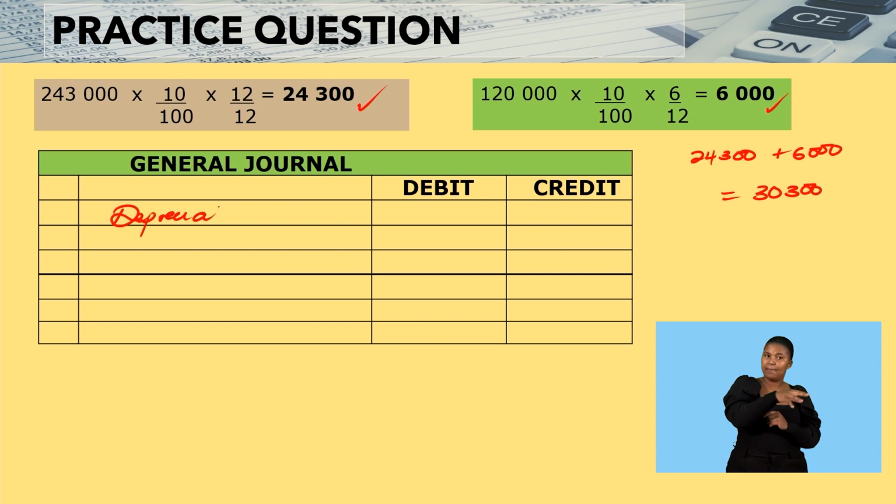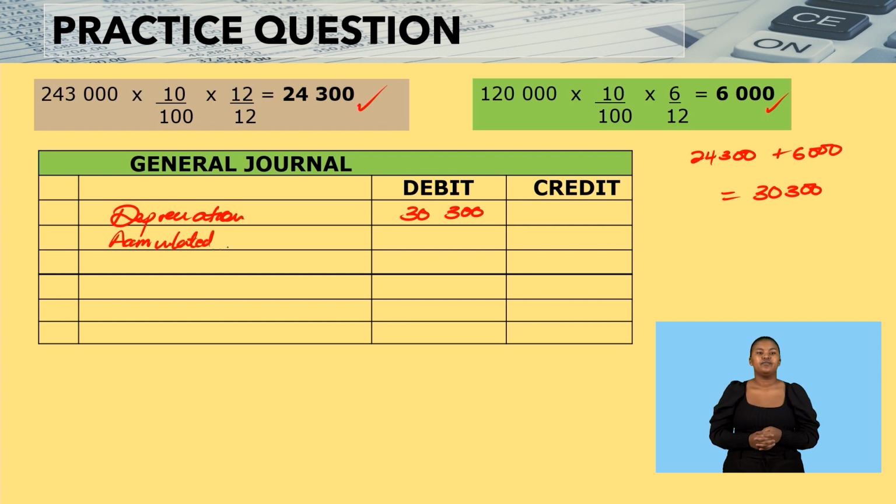I'll debit depreciation with 30,300, and then I will credit accumulated depreciation on equipment with 30,300.